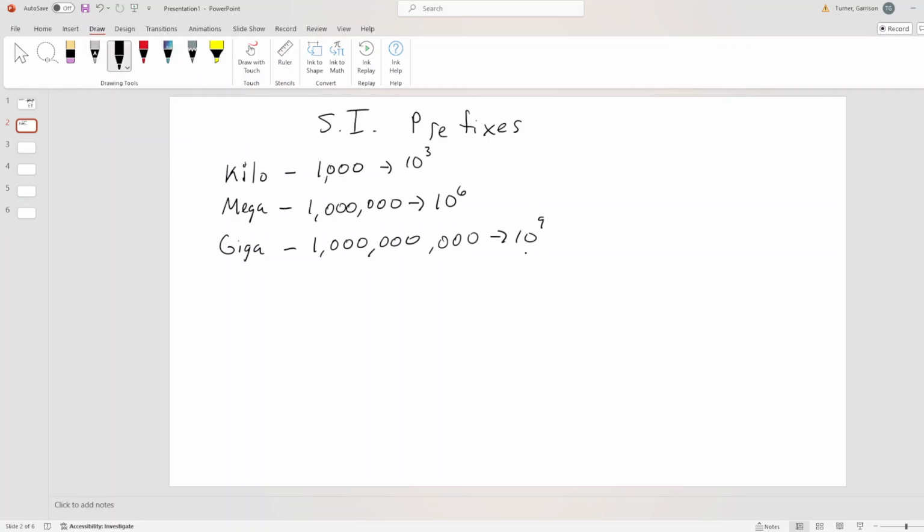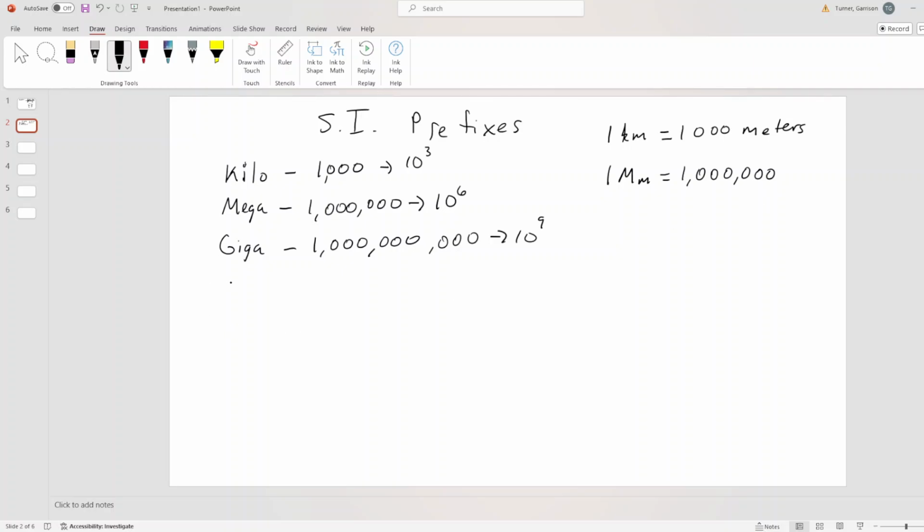Okay, so what this means is 1 kilometer, if I have 1 kilometer, this is equal to 1,000 meters. Okay, 1,000 meters, 1,000 is a kilo, so 1,000 meters is 1 kilometer. 1 megameter, now this is not a unit that's used very often, okay, but this is just for example. 1 megameter would be 1 million meters, okay?